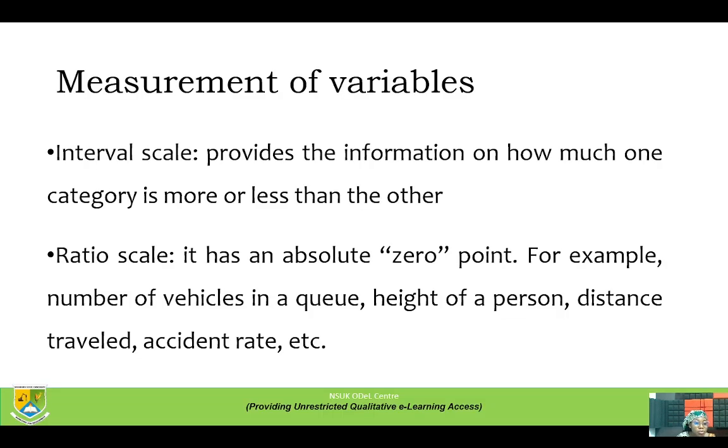Let's move on to the interval scale. The interval scale provides the information on how much a category is more or less than the other. In interval scale, the order also matters. I could give you examples of, let's say, the temperature of different states.